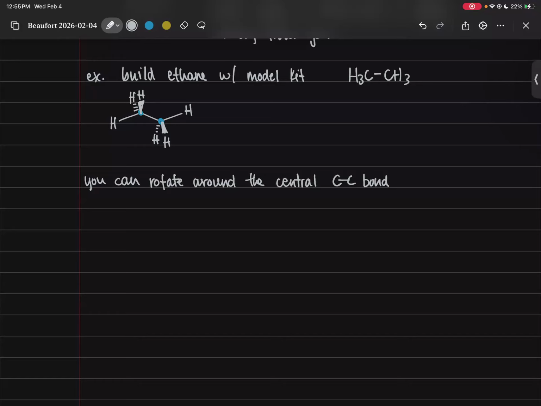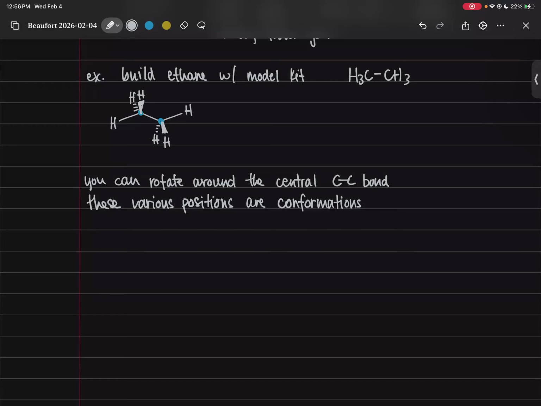So those positions that we can put the molecule into, we call those conformations. And the different molecules that result from putting a compound in different conformations are conformers, right?